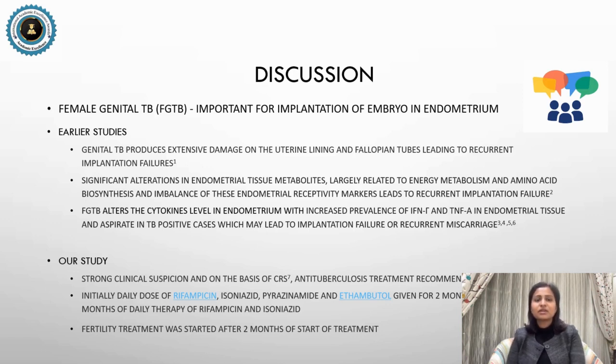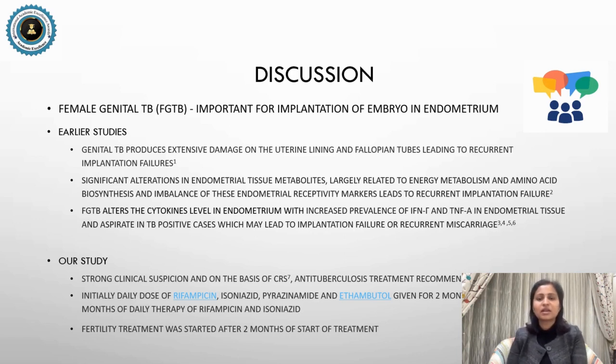Significant alteration in endometrial tissue metabolites, largely related to energy metabolism and amino acid biosynthesis, and an imbalance of endometrial receptivity markers lead to recurrent implantation failure. Female genital tract tuberculosis alters cytokine levels in the endometrium, with increased prevalence of interferon gamma and tumor necrosis factor alpha in endometrial tissue and aspirate in TB positive cases, which may lead to implantation failure or recurrent miscarriages.